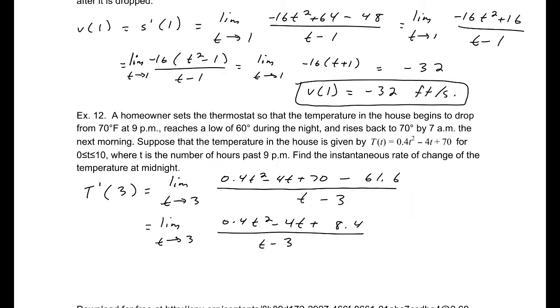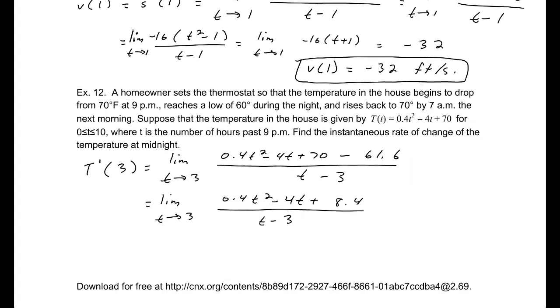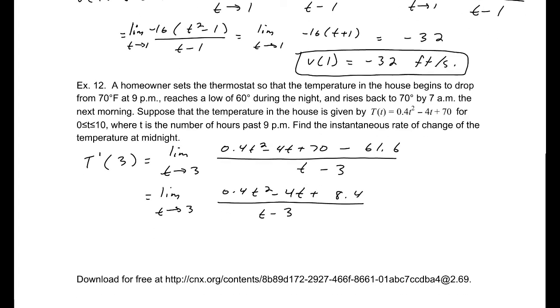Now I'm going to go ahead and use a table to evaluate this, just because I can. Let's see, 0.4x squared minus 4x plus 8.4 divided by x minus 3. I want to get close to 3. So if I plug in 2.9, that's negative 1.64.